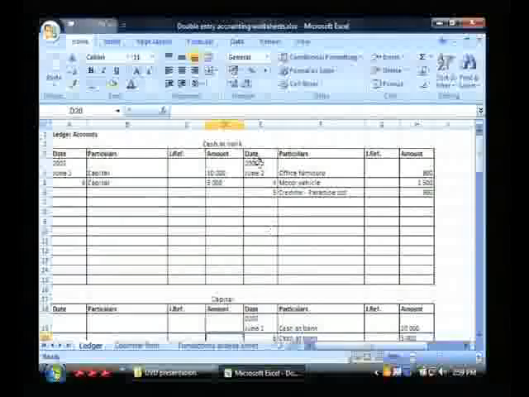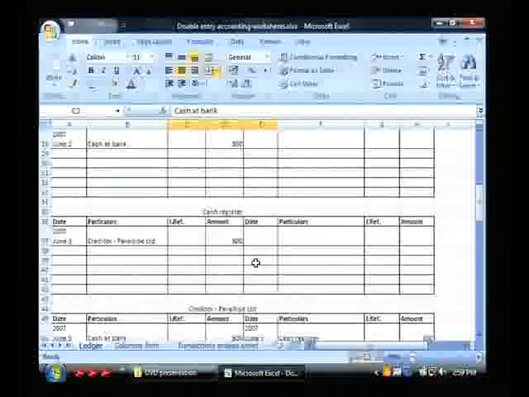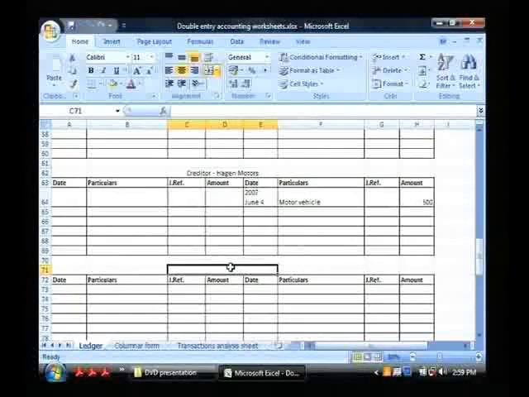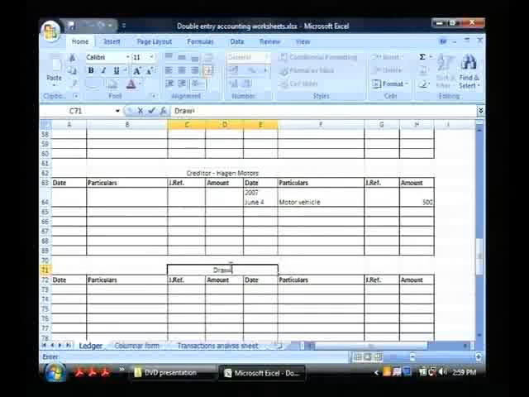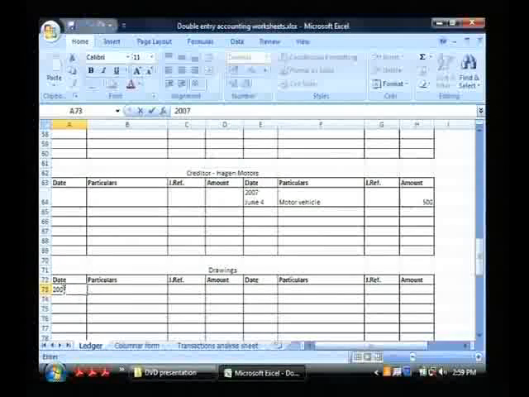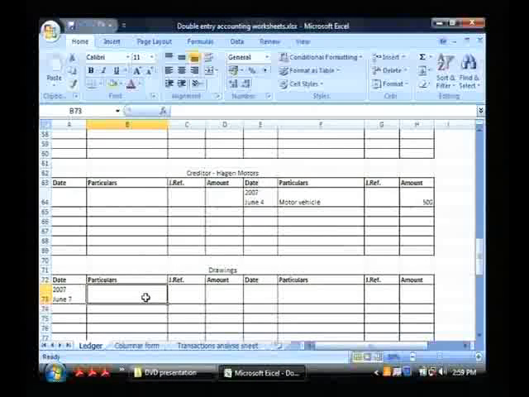Cash at bank we have already here, and we don't have a drawings account. Drawings account here, drawings account, debit, 2007, June, put the date, that is 7th, cash at bank credit, drawings debit.